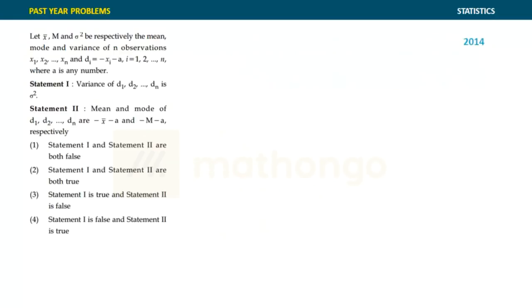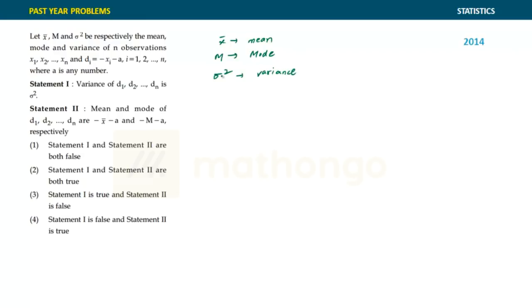In 2014, a similar pattern question was asked. It says x bar is your mean, which we know very well, m is given to be the mode this time, and sigma square is the variance of n observations.